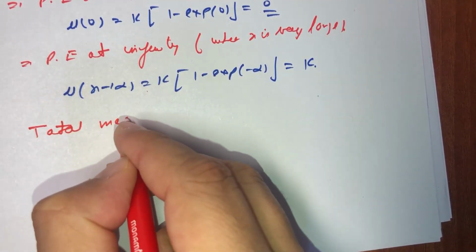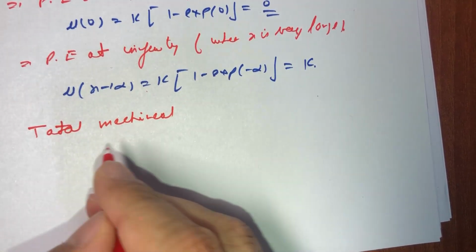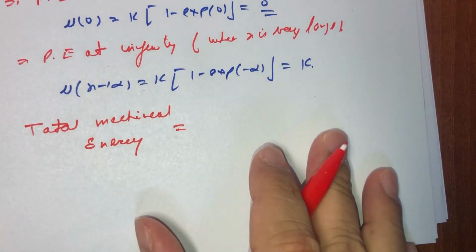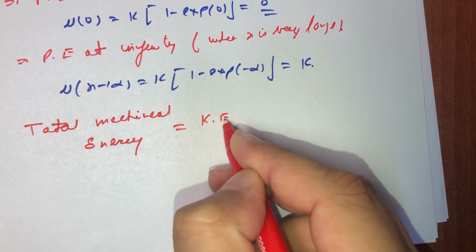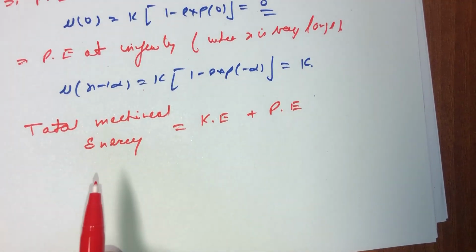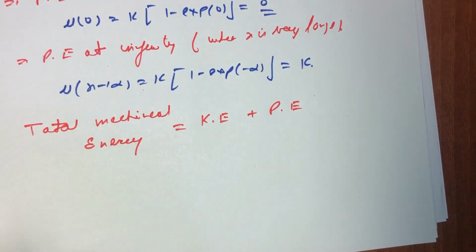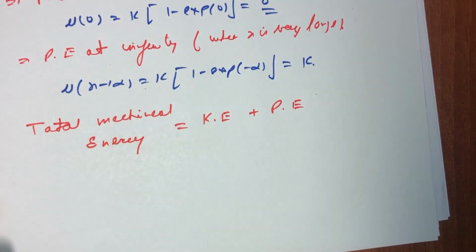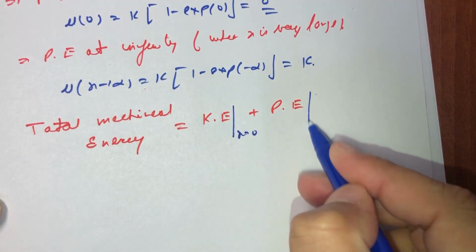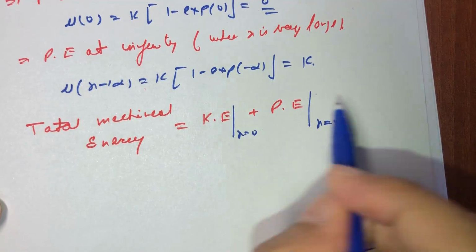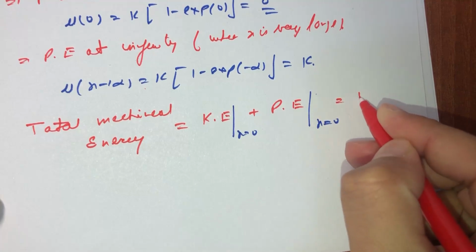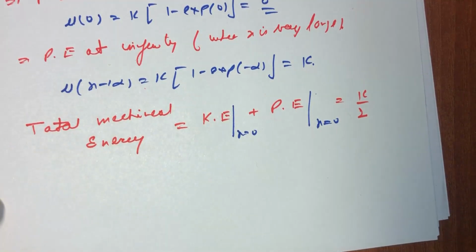Total mechanical energy is always the sum of kinetic energy plus potential energy, and this is true for any location of the particle. So the kinetic energy at x equal to 0 plus the potential energy at x equal to 0 should always be equal to K by 2, which is given to us.